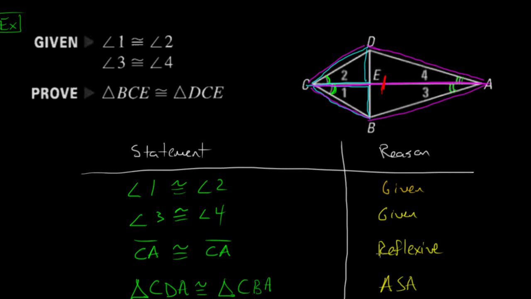Angle, side, angle. So now that I've proven that these two are congruent, how is that going to help me talk about these two little guys? Well, for the little guys, I currently know an angle and an angle. I could talk about the big angle here, but that big angle doesn't fully relate to the little one, so I don't think that's going to help us. Maybe this segment and this segment will be the most helpful.